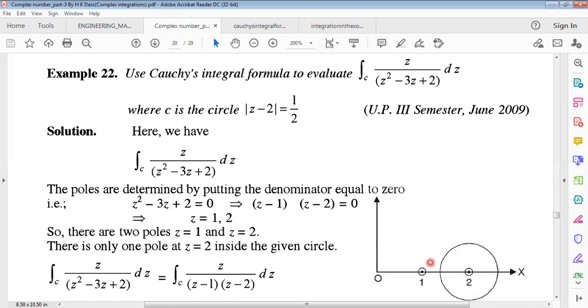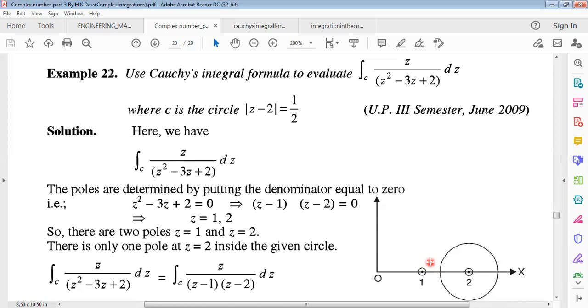Z equals 1 means x equals 1, because z equals 1 means 1 plus 0 into i, and z equals 2 means 2 plus 0 into i. That means x equals 1 and x equals 2, same.